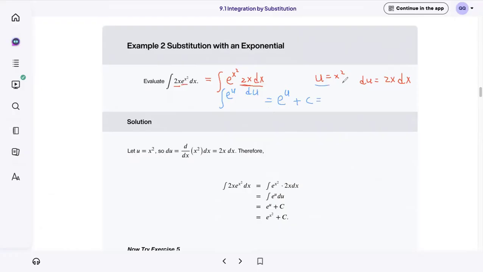Well, what is u? u is x squared, so substitute back: e to the x squared plus c. So we let u be x squared, differentiate x squared to get 2x dx, which is du, then we substitute and anti-differentiate.